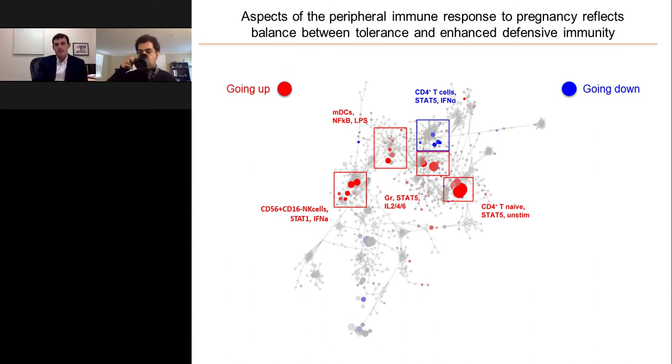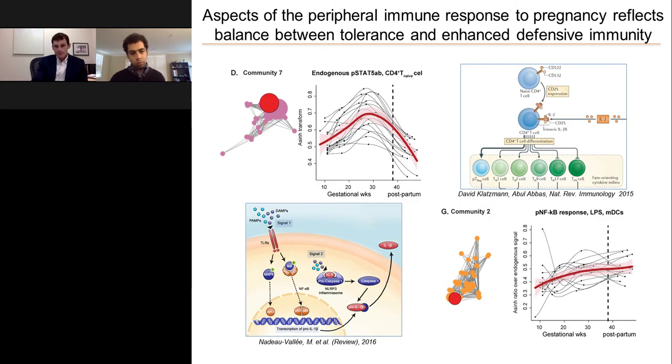And really what this is doing is it's pointing us into the direction of how the various immunological compartments are experiencing pregnancy. Now, the important communities were pointing us into the direction of NK cell changes, dendritic cell changes, and granulocyte changes, as well as adaptive responses, particularly in naive T cells.